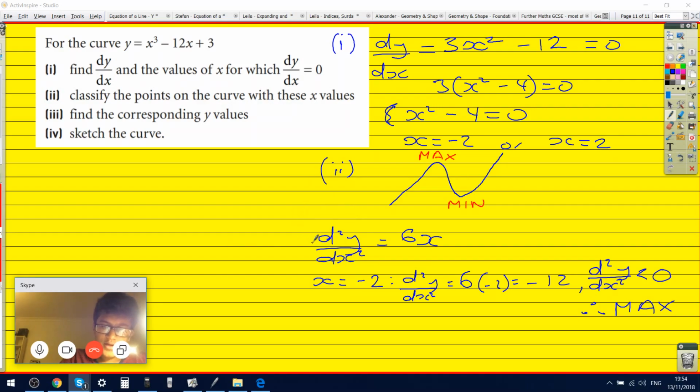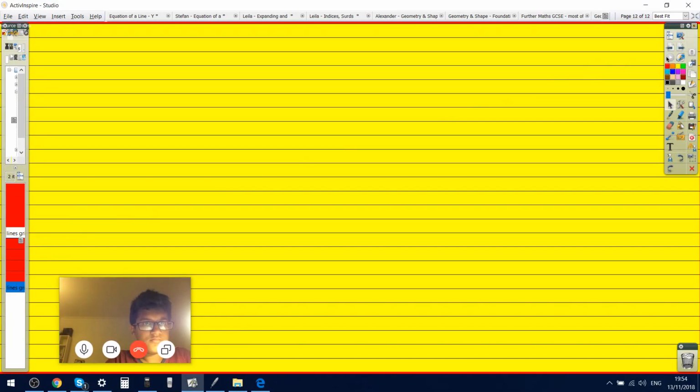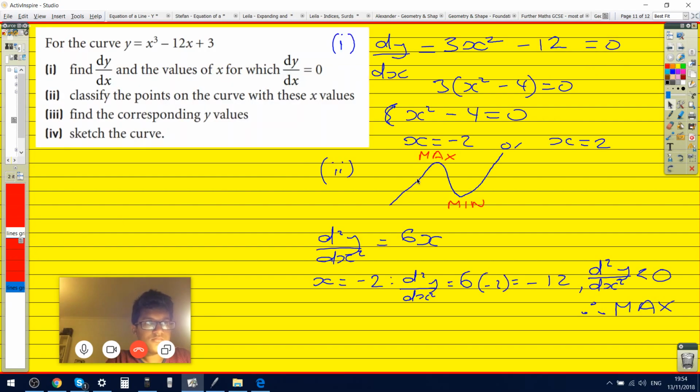I honestly didn't really get that. So if we just look at our graph for a moment, at a maximum, what's happening to the gradient as you approach the maximum? The gradient is slowly getting smaller.